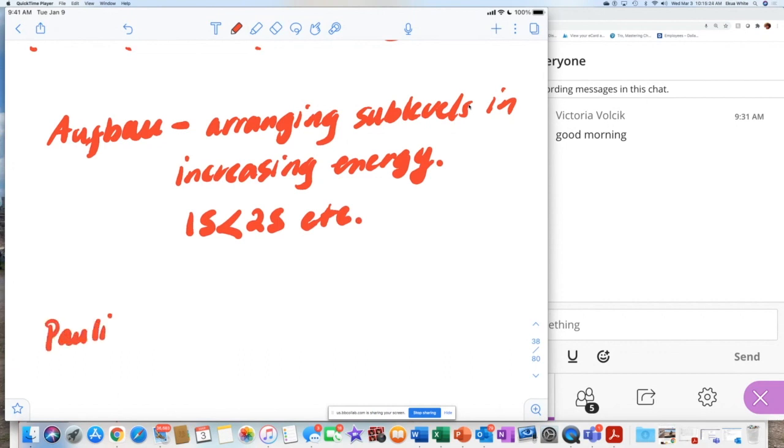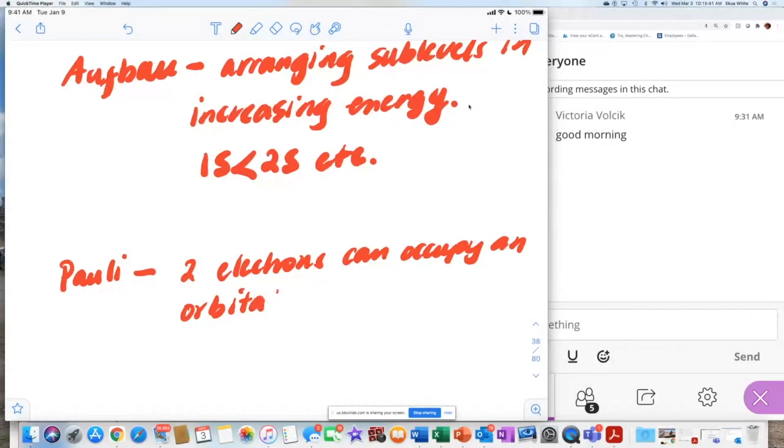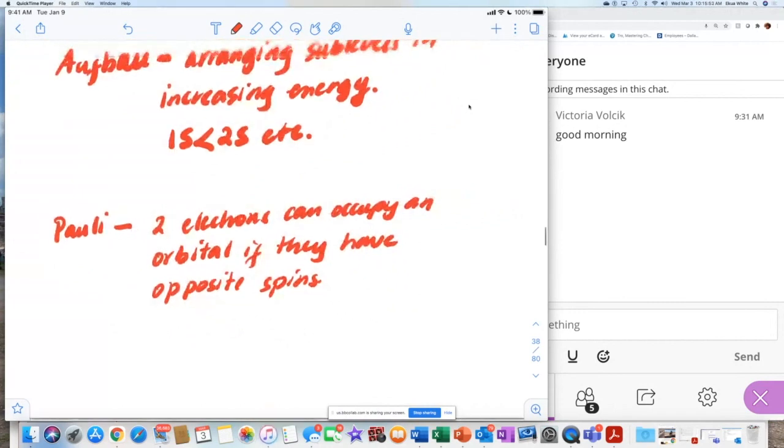Pauli, I'm trying to paraphrase the rule. Pauli says that 2 electrons can occupy an orbital if they have opposite spins. Okay, so as we're working on this, behind the scenes, we are following these rules. And we just learned about Hund today.